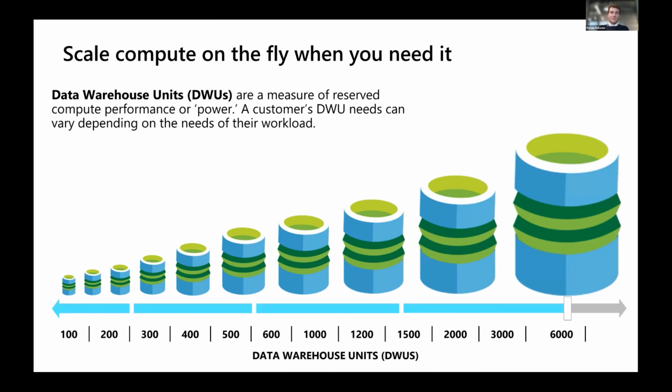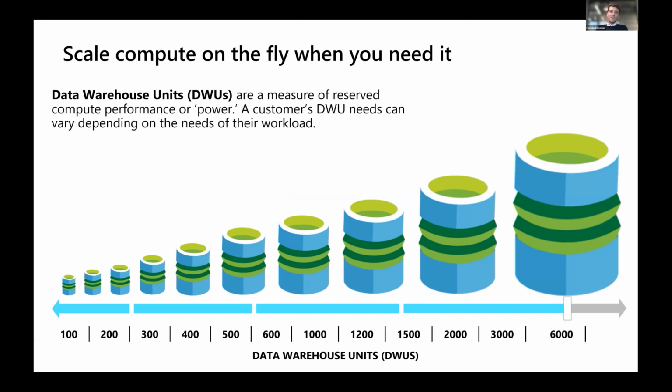Just to speak a bit more about how this really scales and what you have to do when you want to provision such a dedicated SQL pool. If you create this resource, you have to say how much compute power you need. And the compute power is measured in data warehouse units. Data warehouse units are basically a measure for the number of compute nodes that you need. And you have the choice between level 100 to 6,000.